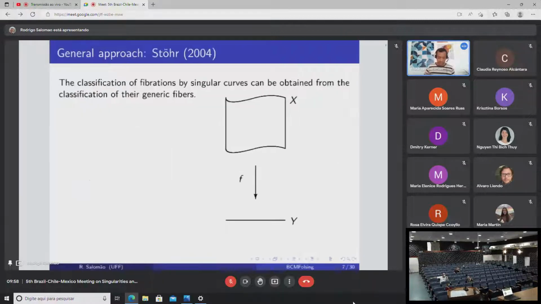The first approach to the classification of such fibrations was introduced by Starr, and to understand what was done, we will show the special feature of generic fibers of fibrations by singular curves.